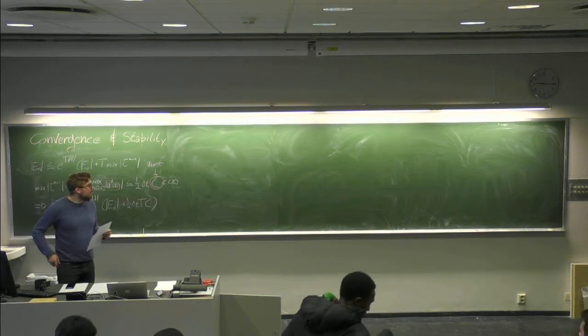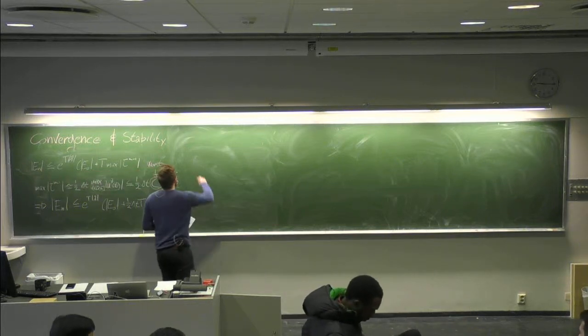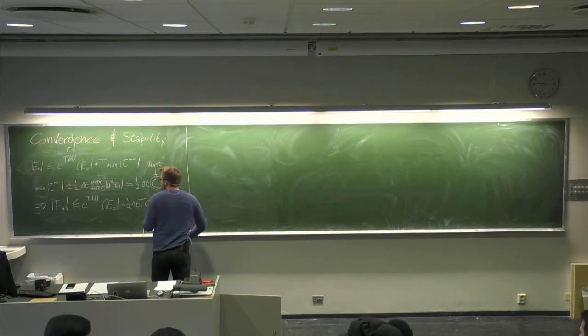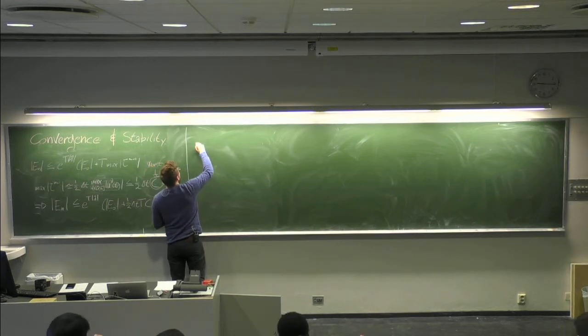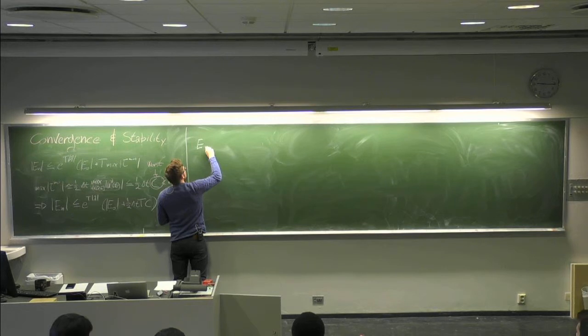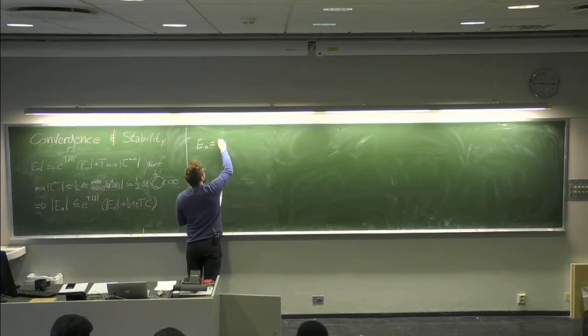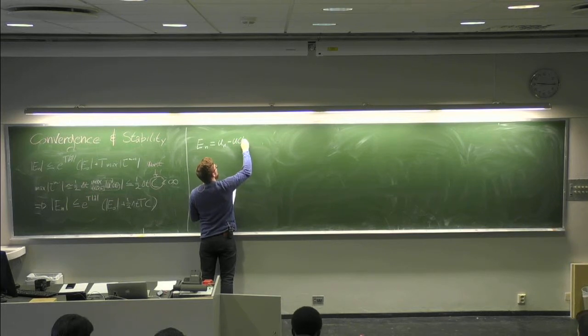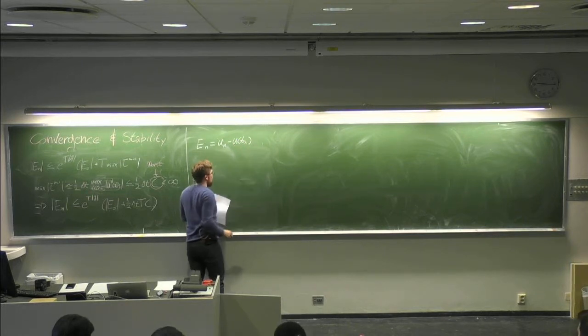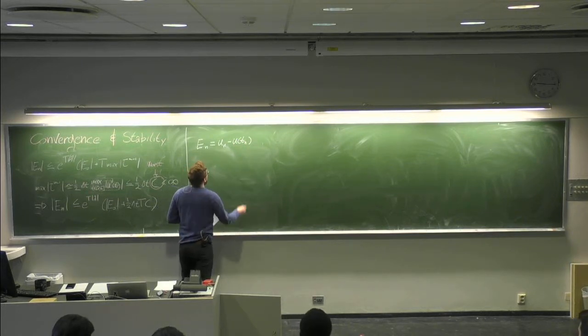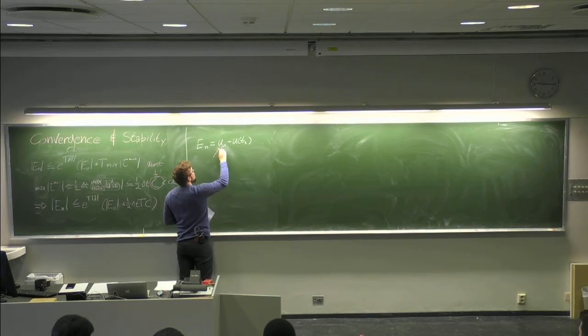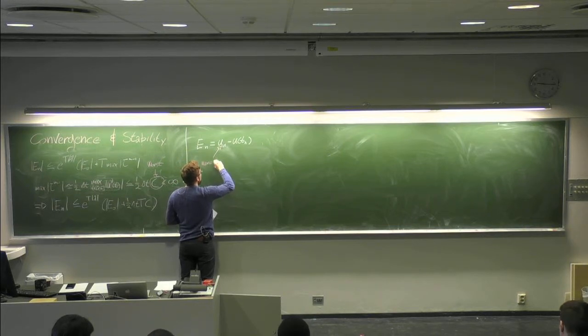So yes, let us backtrack a bit. Since I got some questions in the break, we have the error E_n equals U_n minus u(t_n), right? So this is from your numerical solver, so it's a numerical approximation.